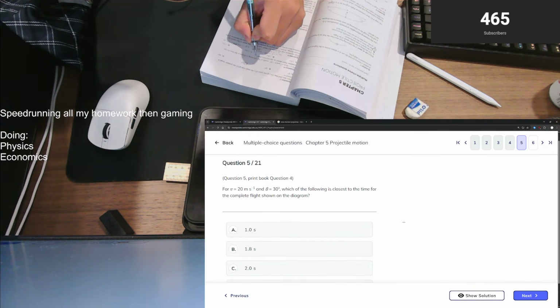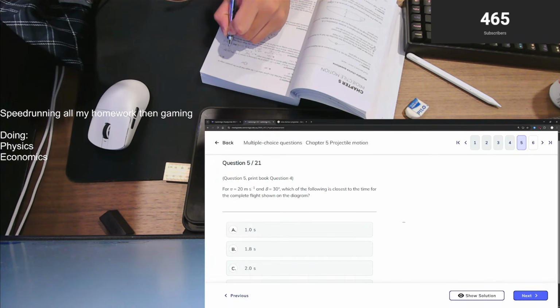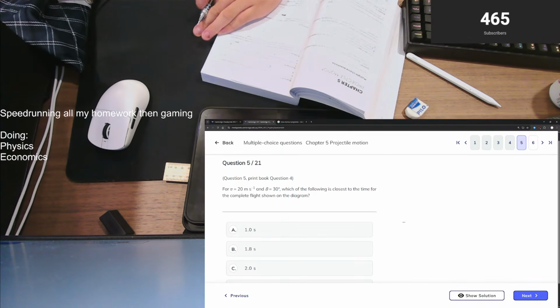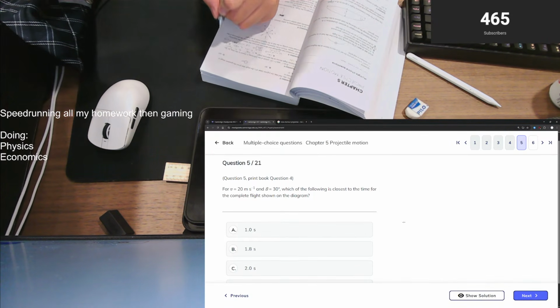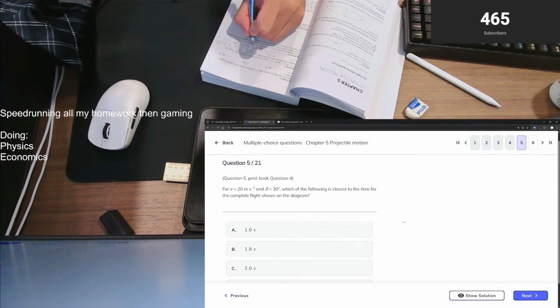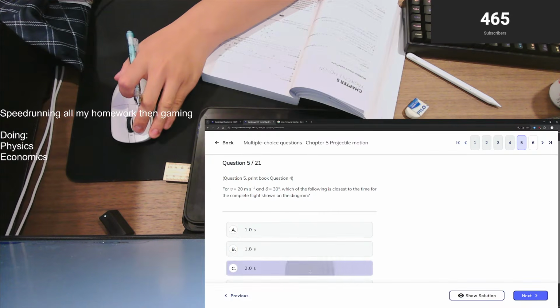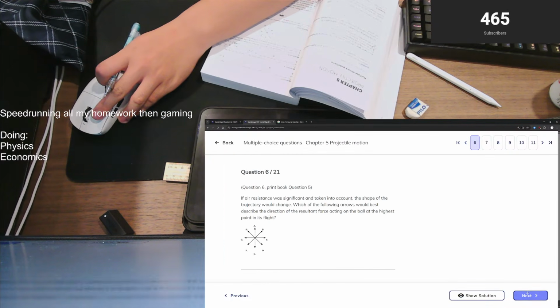A equals V minus U on T, T equals V minus U on A, T equals 10 on 9.81. Now I times this by 2 because it goes up and down. T equals 20 over 9.81, which is 2 seconds. There we go.